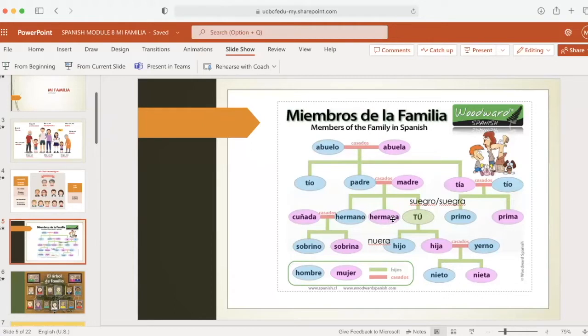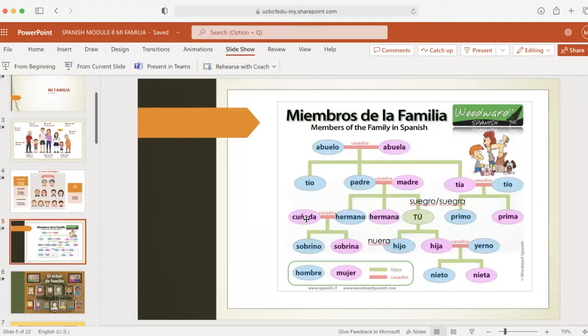You have hermano, hermana. Now, your hermano married someone, and how do you call that someone? Sister-in-law. Okay, that is now your sister-in-law, which in Spanish is called cuñada.